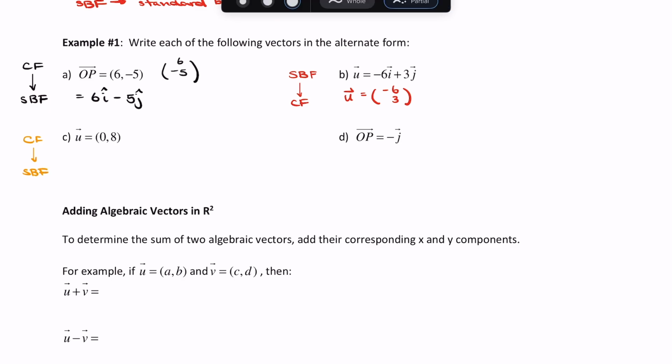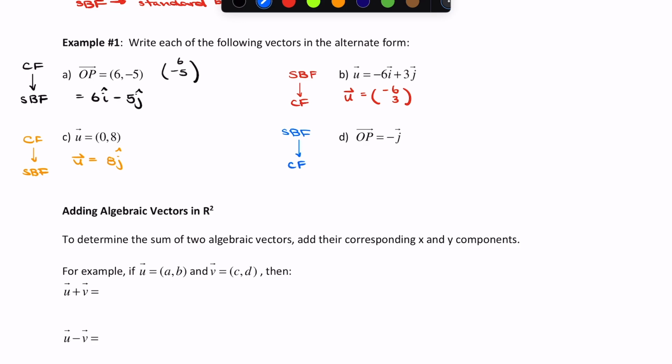And here, because x is 0, we won't have any i unit vector. And here we'll just have 8j. Here we have vector OP is equal to -j. Again, we're going from standard basis form to component form.